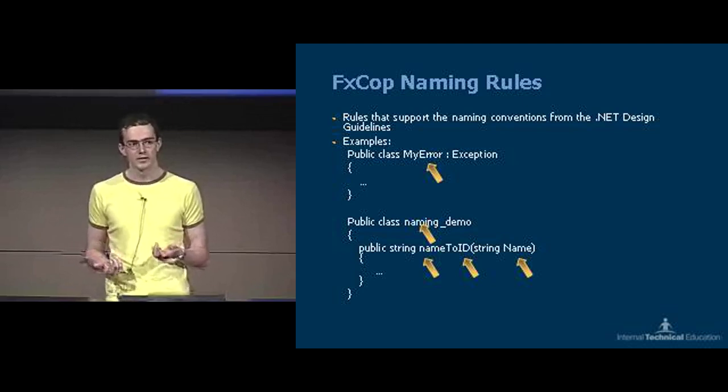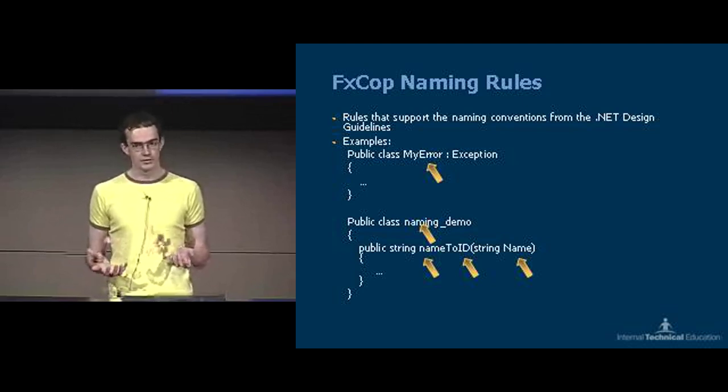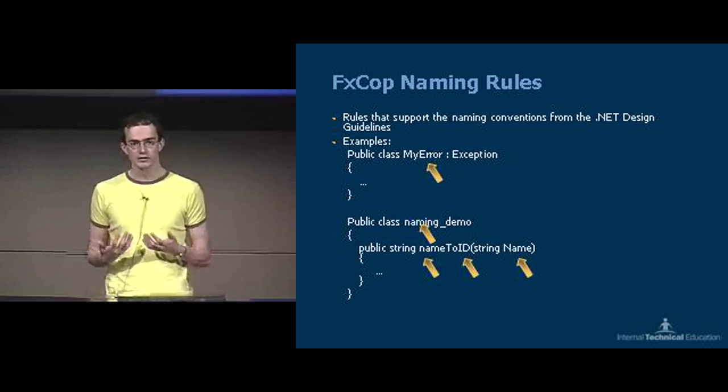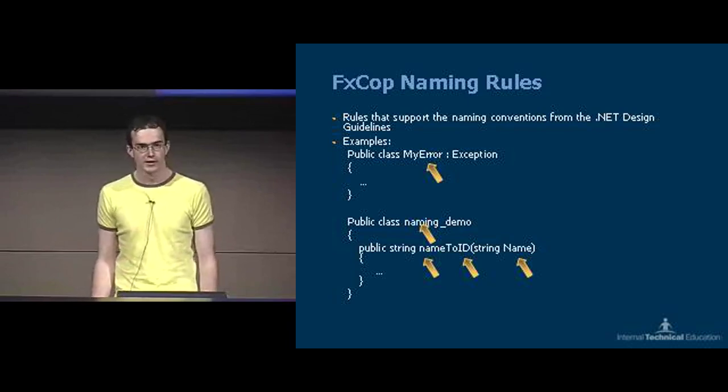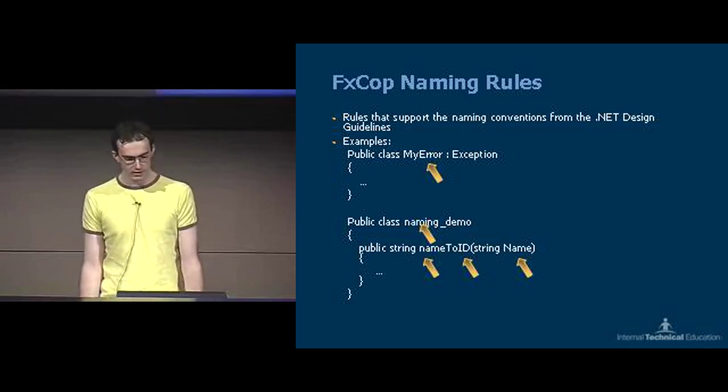And it turned out that capital I, small letter D was used the most. So there's now a design guideline special case: if you have ID, you always have to say capital I, small letter D. FxCop also detects this. Then the last one, the parameter should be camel case, so it should be a small letter n.